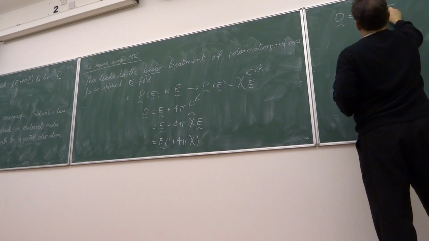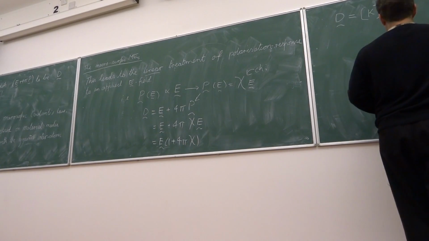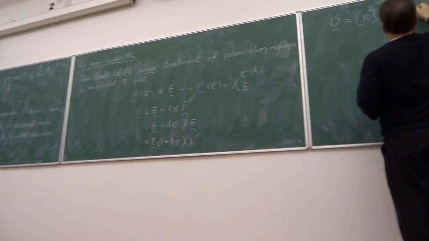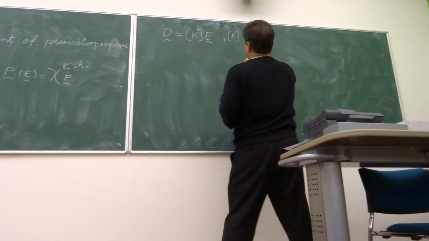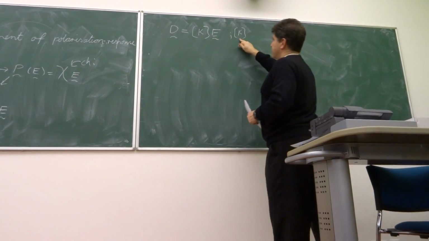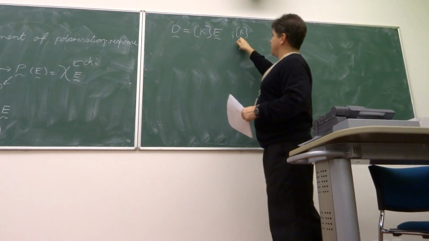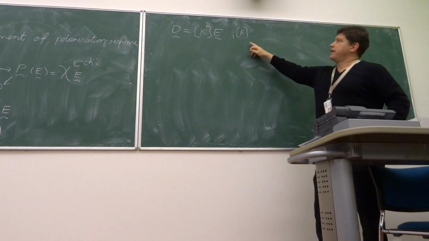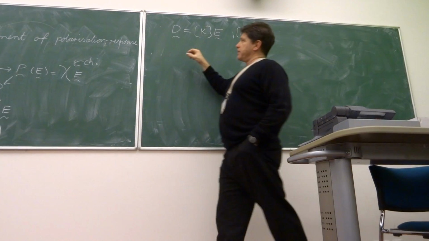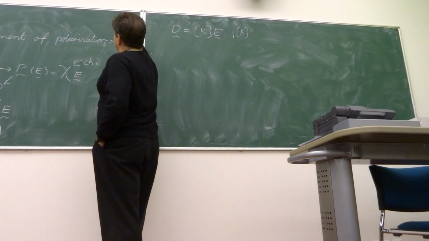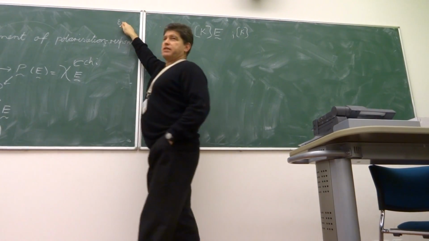but essentially this square matrix operator, again we use this letter from the Greek alphabet. Now sometimes you will find that in the literature they use epsilon for permittivity.